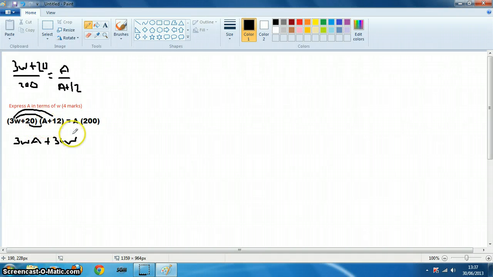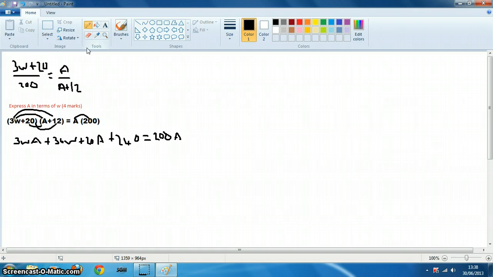Positive 20 times A equals positive 20A, and positive 20 times positive 12 equals positive 240. We then have to expand out this bracket right here: A times 200, which equals 200A. So all we have done is expand out the brackets.